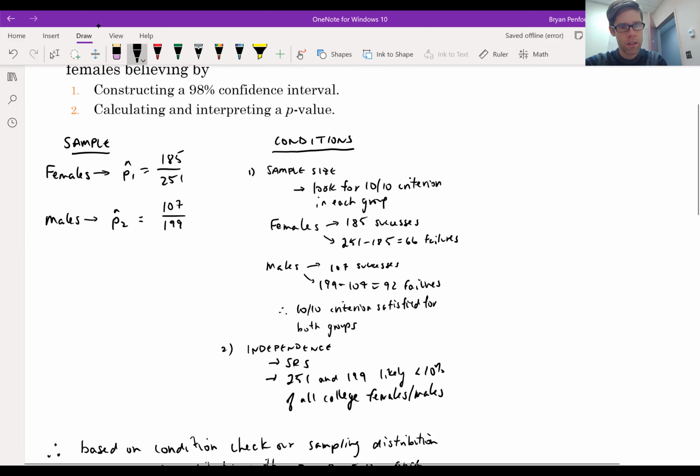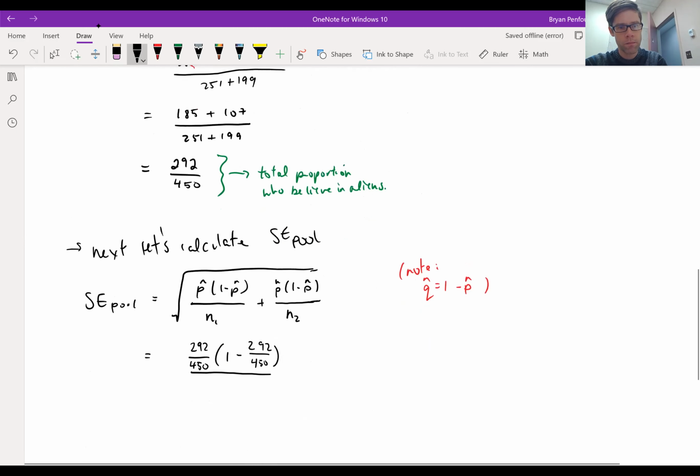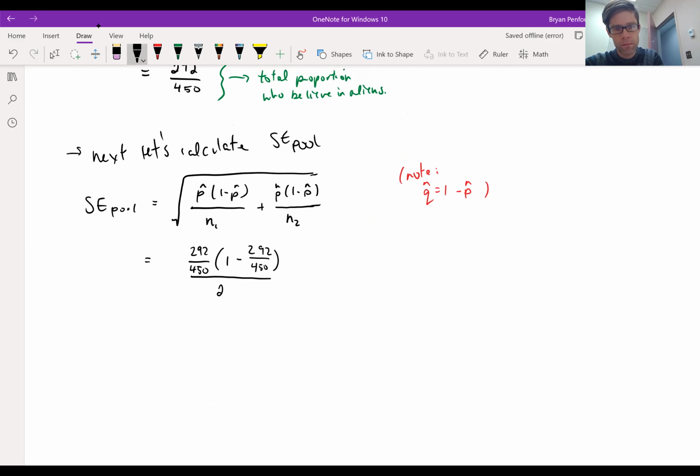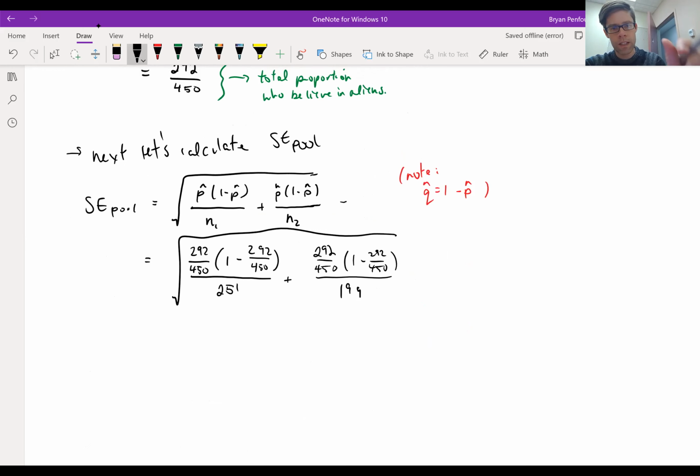N1 was 251. And I think we had 199 as N2. So this is going to be what we have to program into the calculator.